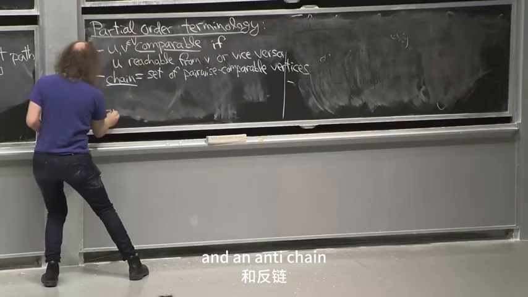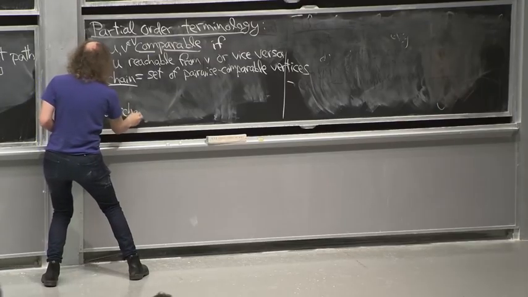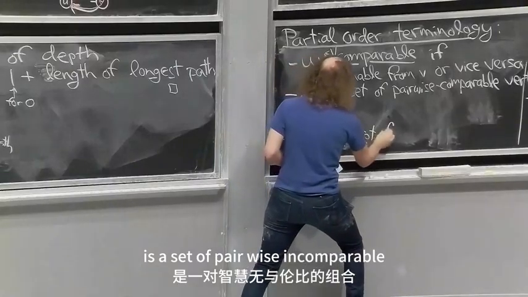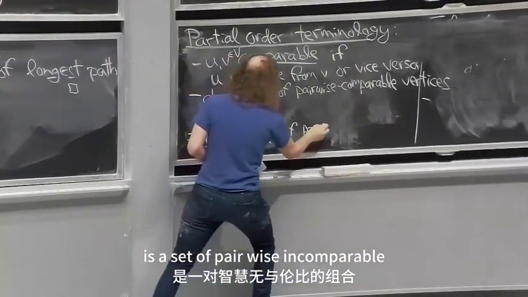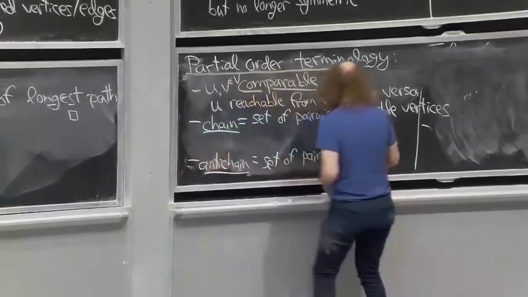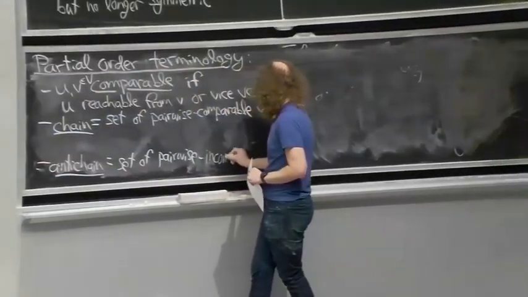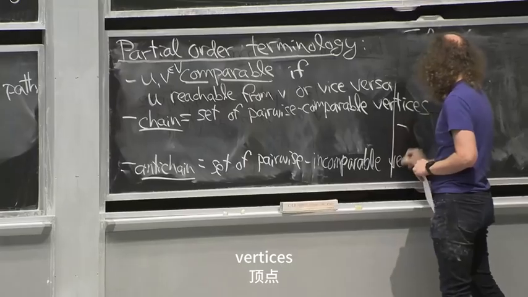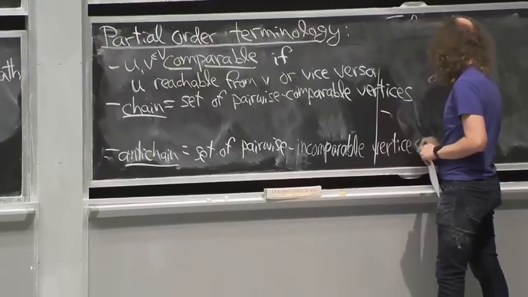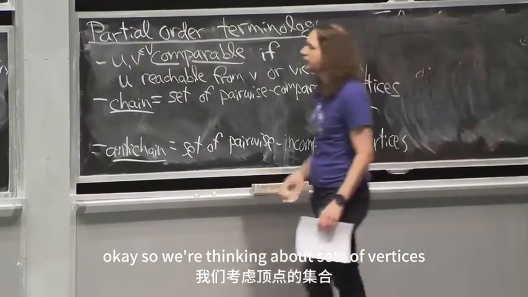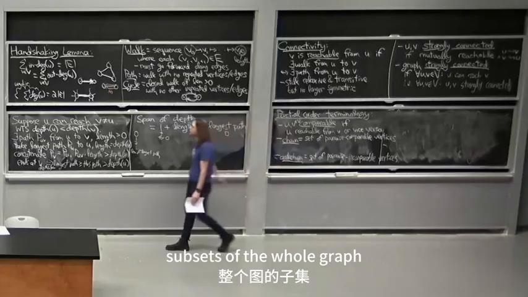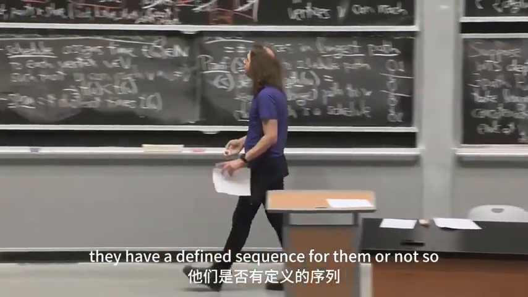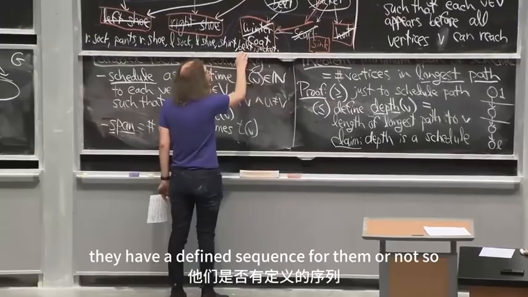And an antichain is a set of pairwise incomparable vertices. Okay, so we're thinking about sets of vertices, subsets of the whole graph, that are either all mutually related, so they have a defined sequence, or not.